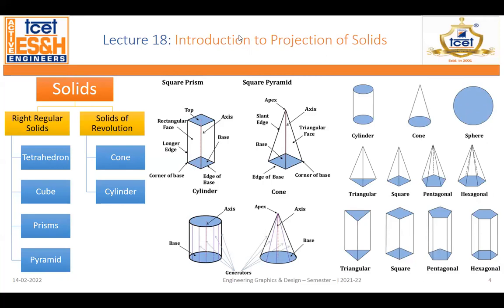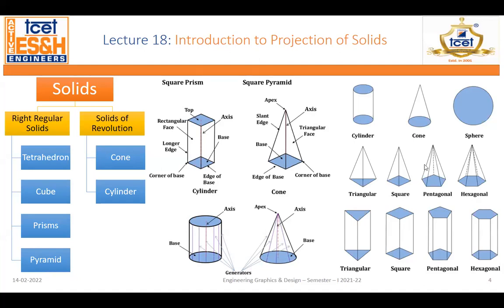So it has these curved lines. Basically those curved lines are not to be called generators, because a generator is a straight line. But you can say it is made up of curved lines. So there is no such name given for the sphere.